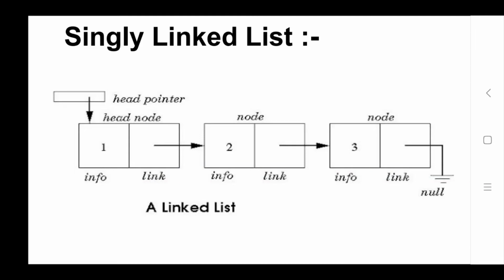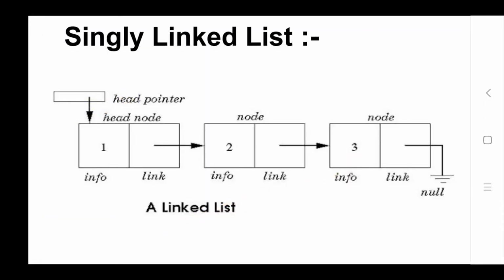Each node has two components, data and a pointer next which points to the next node. The first node of the list is called the head.